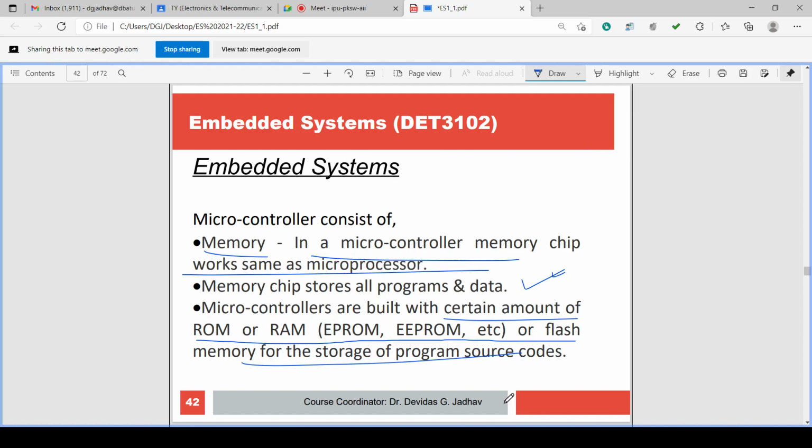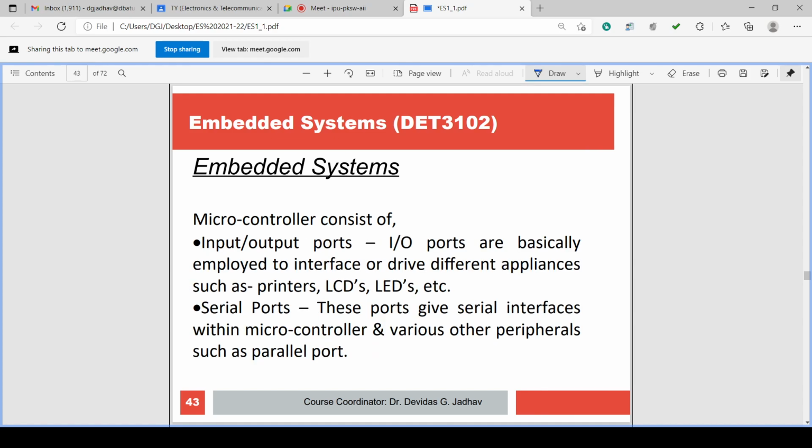The details of the ROMs we have discussed in a previous lecture, isn't it? Maybe the 6th or 7th lecture.